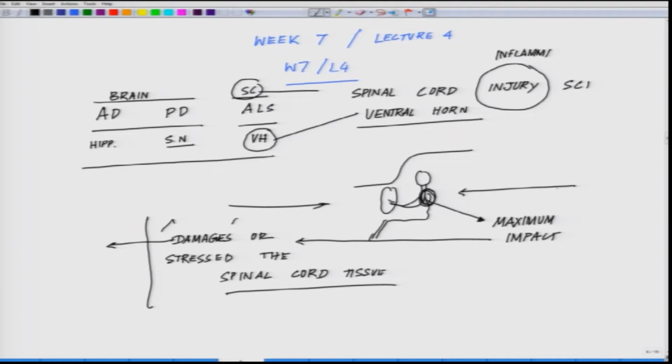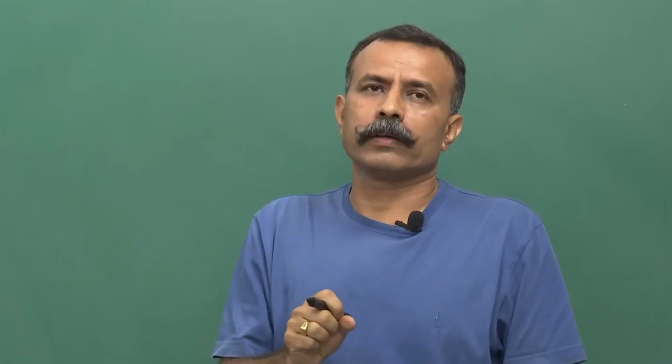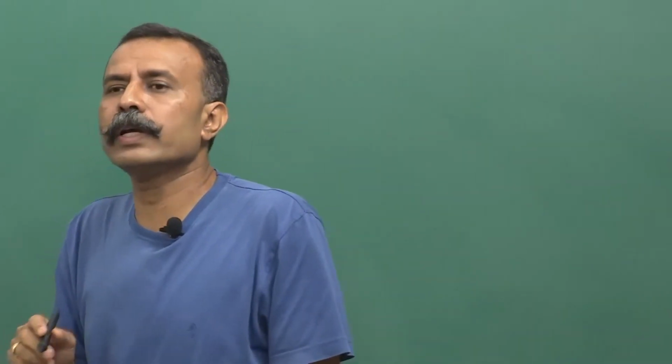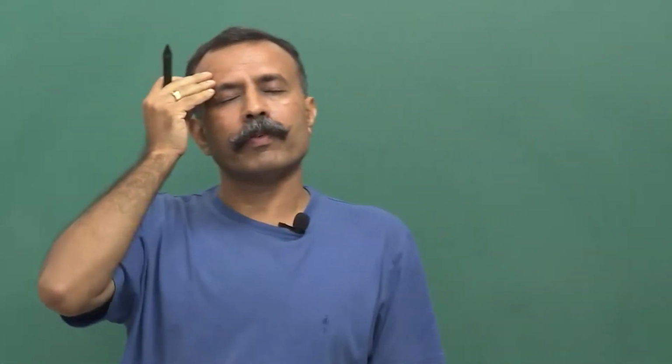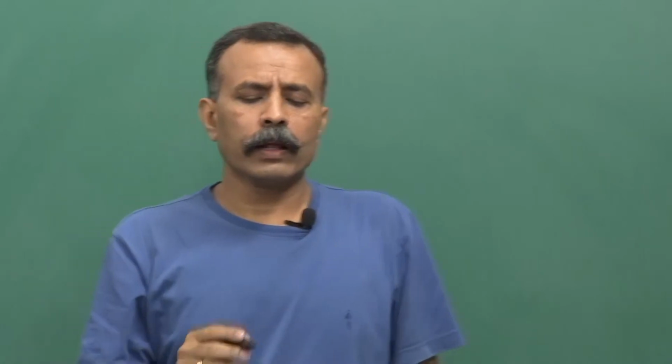In today's class, we will talk about how this inflammation progresses and what are the associated problems which prevent or reduce the regeneration potential of the injured spinal cord motor neuron, and mostly it is the ventral horn motor neuron which are getting affected. So, let us again draw the spinal cord for your understanding.